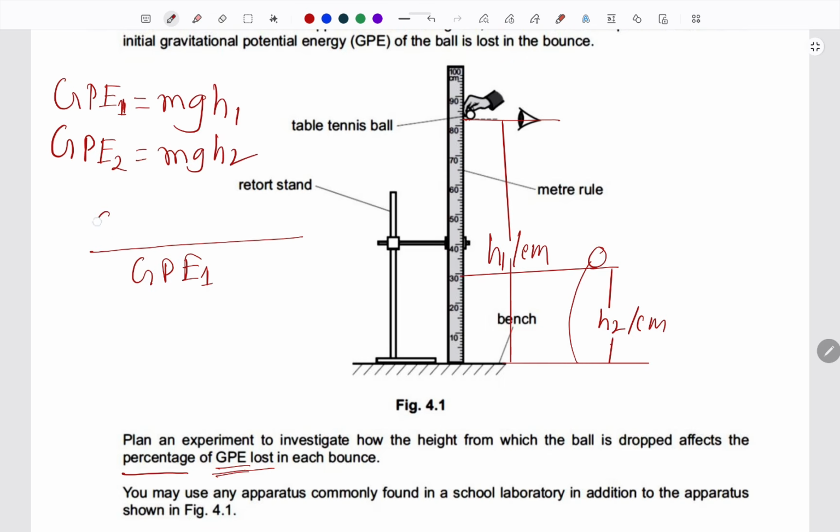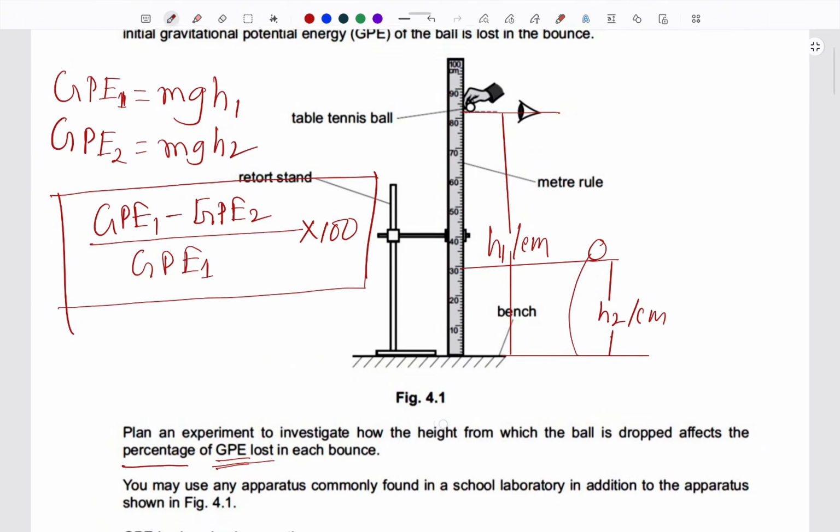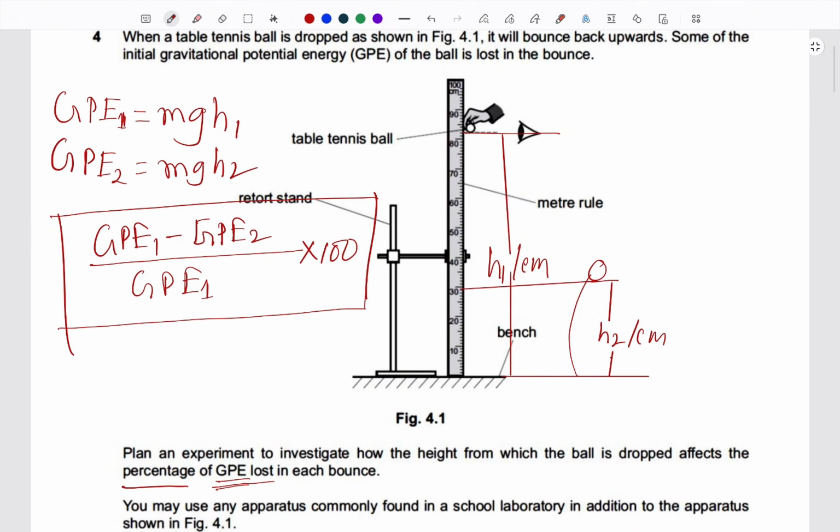Loss means GPE1 minus GPE2, this loss, into 100. By using this equation, we will calculate the percentage lost in each bounce. This is the procedure actually.